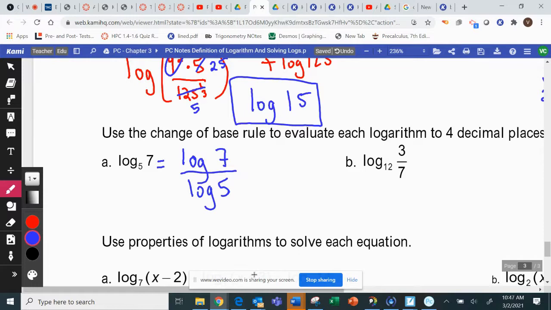Go ahead and type that in so we have a reference of how to get this correctly. You should get approximately 1.2091.